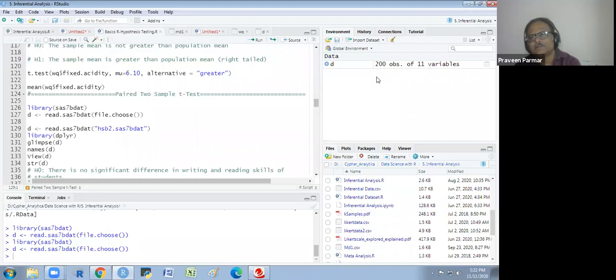You see over here in the global environment, there are 200 observations and 11 variables. We could view it.